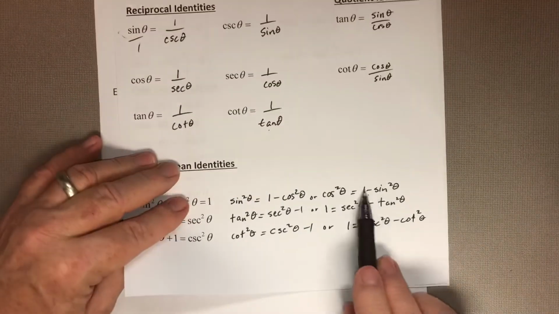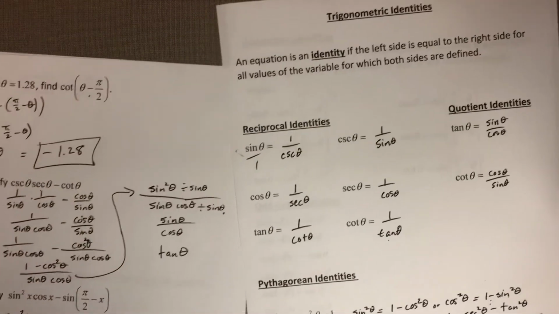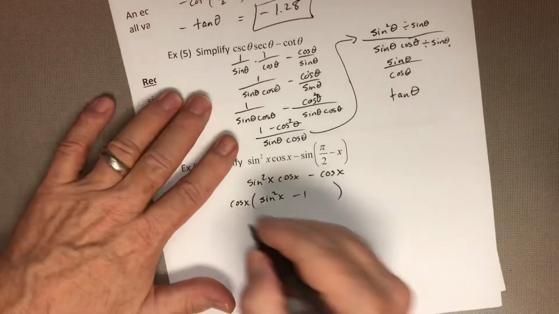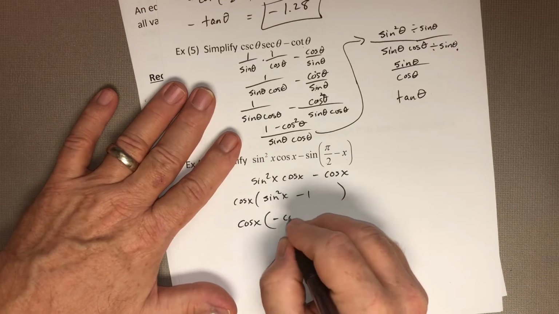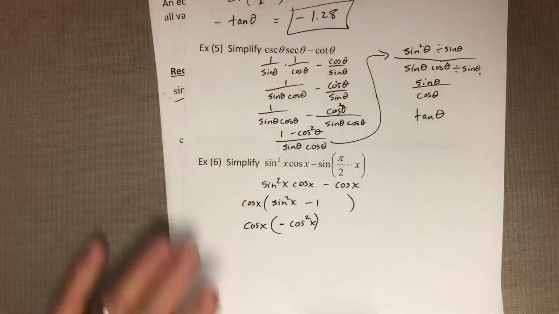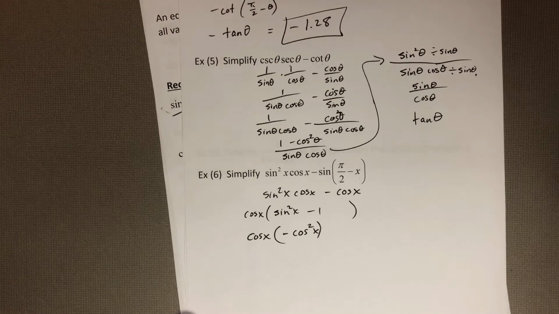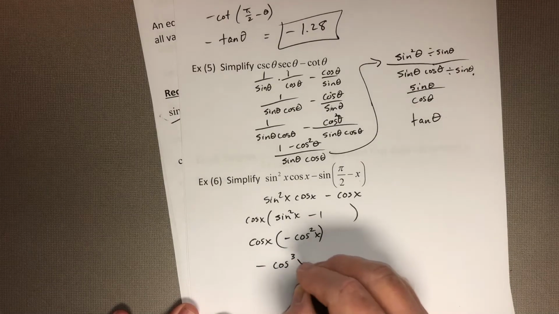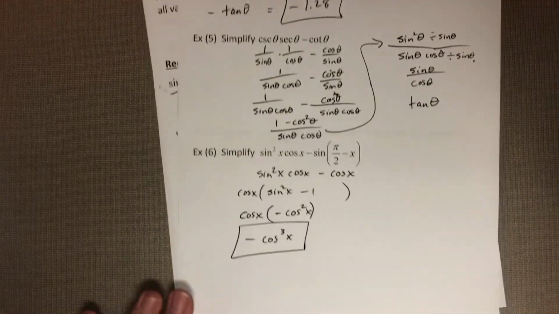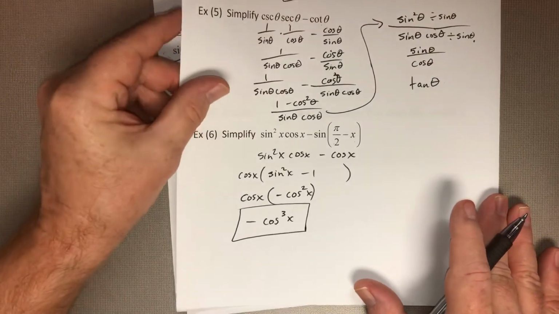If you take the opposite of this expression, you would get the sine squared of x minus 1, and that's the opposite of the cosine squared of x. So the cosine of x times the opposite of the cosine squared of x is what we're looking at here. When we multiply these, we get the opposite of the cosine cubed of x. So there's what we get when we simplify number 6.